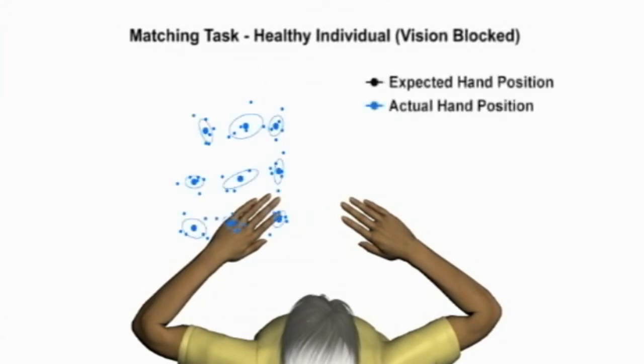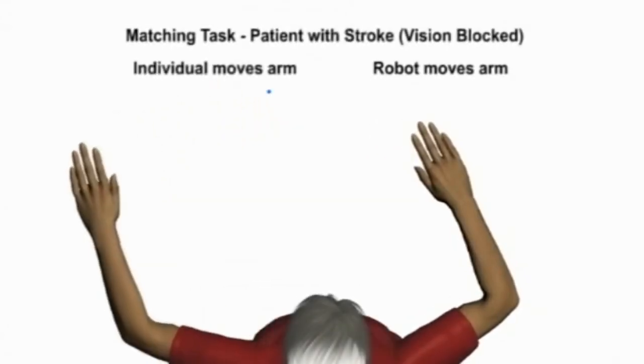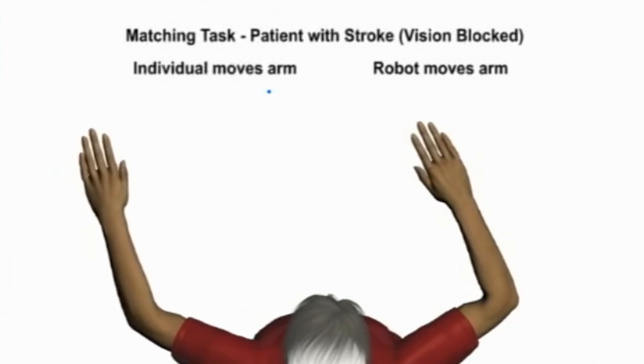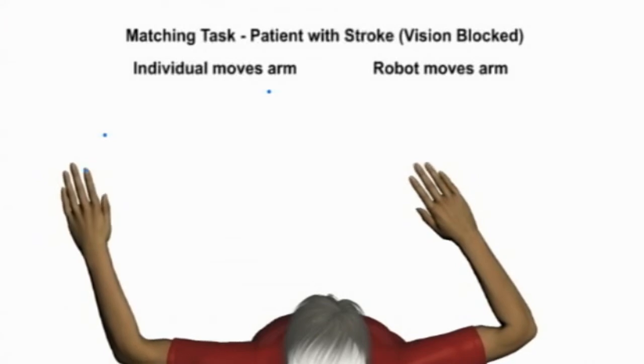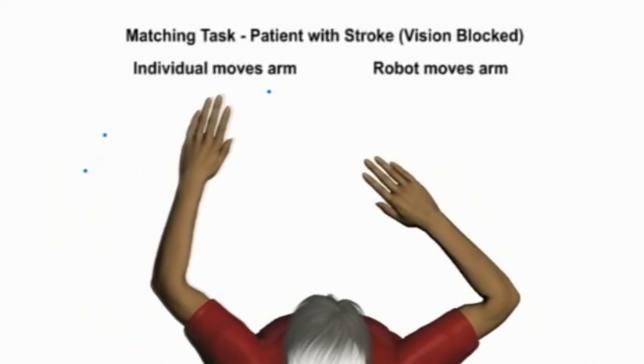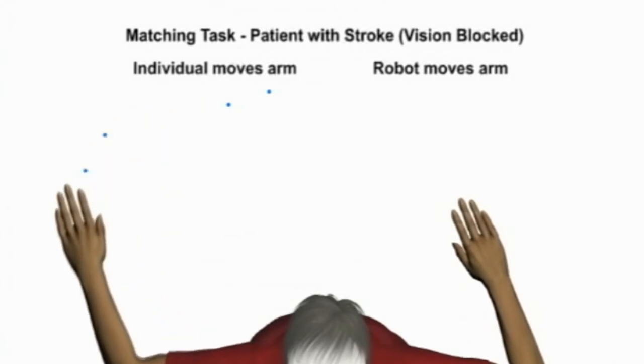The ellipses show that the healthy individual is able to accurately match the mirror position of their right arm. They do this on a consistent basis across repeated trials. In this example, we have a patient with a stroke performing the same matching task. Again, the robot moves the right arm, but this time the patient is unable to accurately match the mirror position of their right arm.